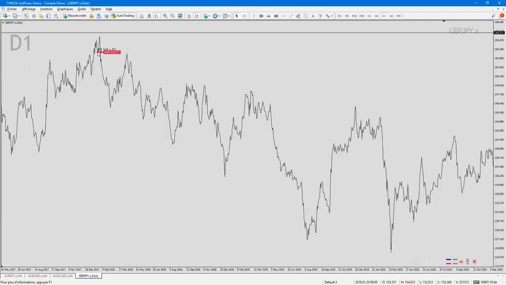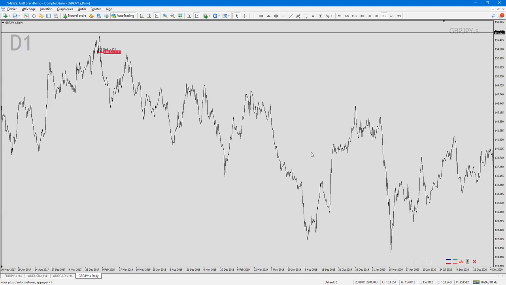Got this one. Zoom out. Okay, so this one, DJ. I saw daily backup here, this one, breakout sell.